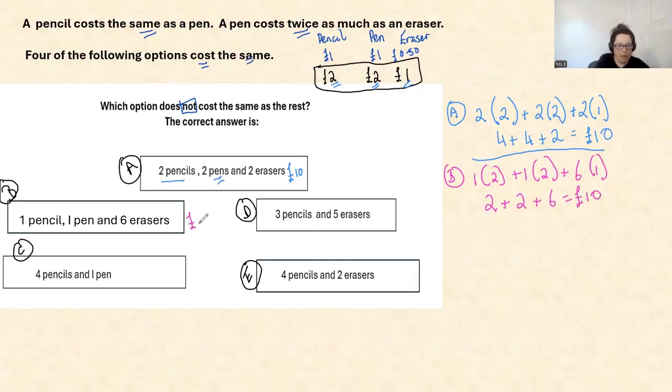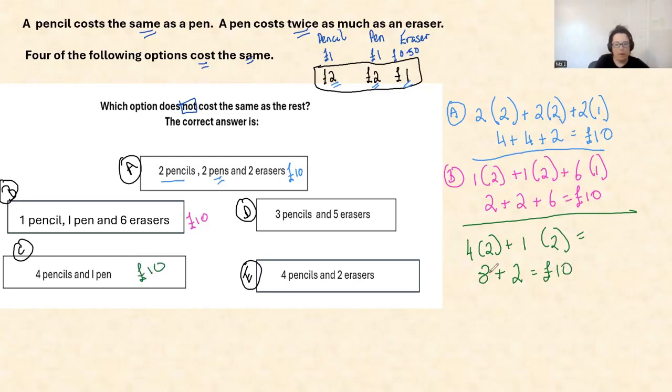Let's calculate C. 4 pencils, 4 multiplied by 2, plus 1 pen, 1 multiplied by 2. Calculating this, 4 twos are 8, plus 2 ones are 2. Again, I'm getting £10.